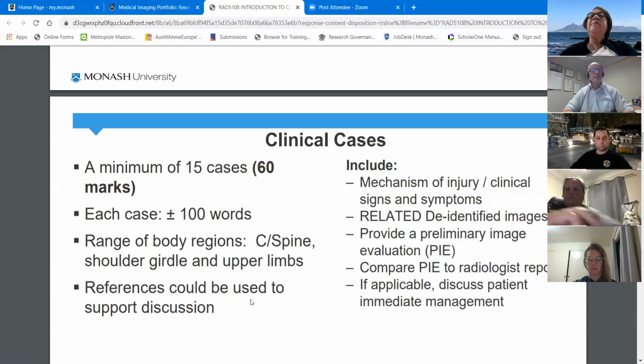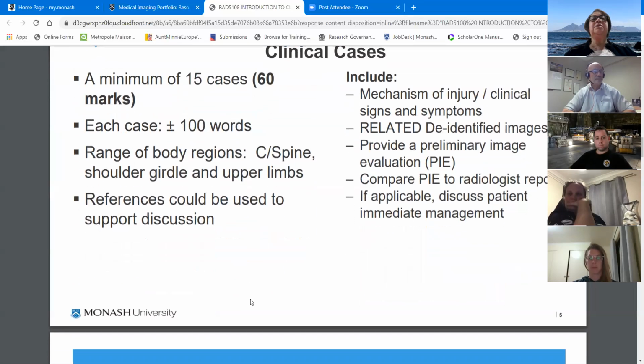And then write up a preliminary image evaluation. So what we're looking at with the preliminary image evaluation is actually your summary of support that you're going to write, and then compare that to the radiologist's report. And if applicable, you can also mention the immediate management of the patient, but the first 4, those are the important ones to look at.